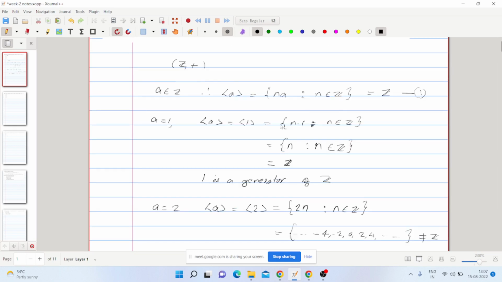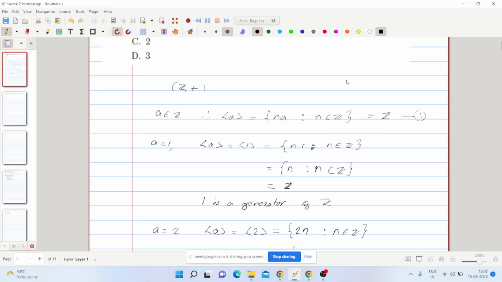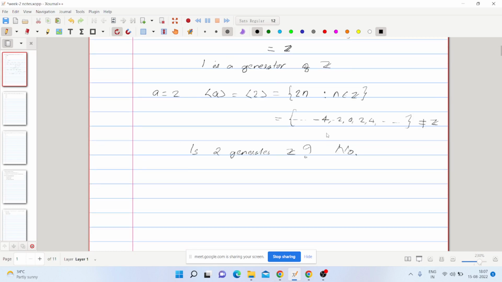So 1 generates Z. In the same way, can you think about any element that generates Z? Let me take one more example.